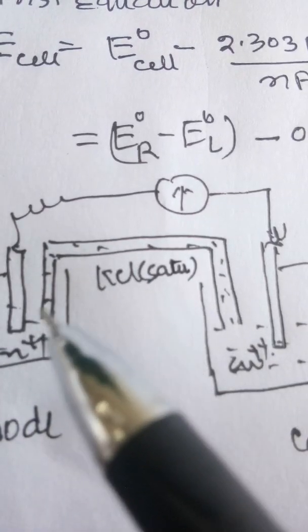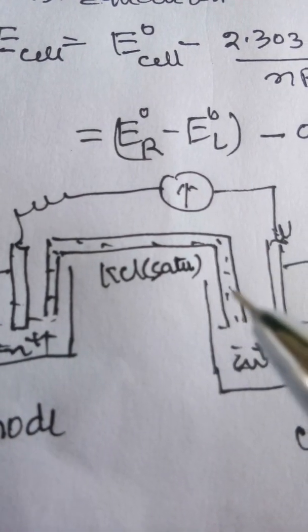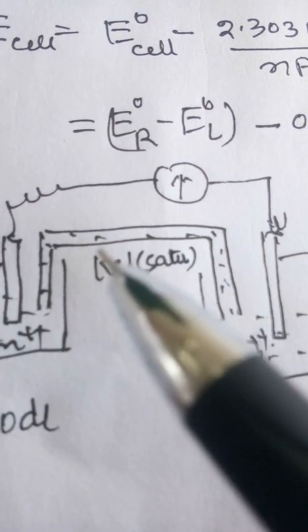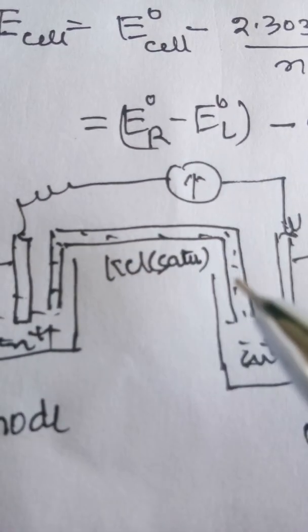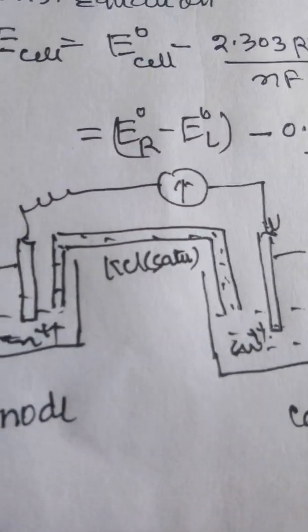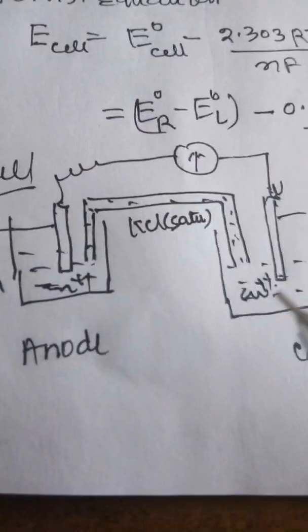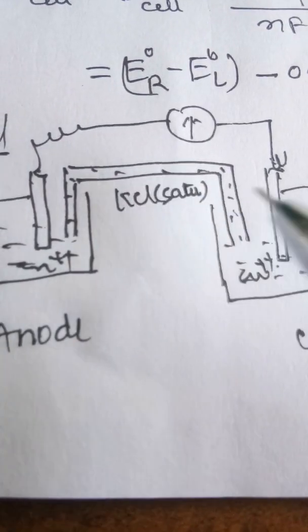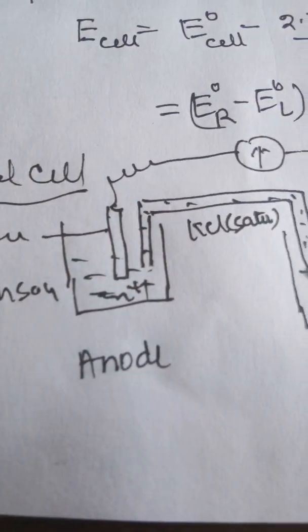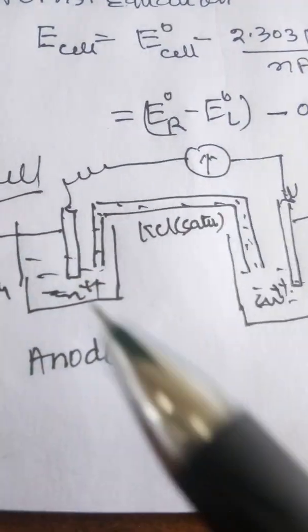First of all, we take agar solution in the cell and add potassium chloride saturated solution in this way. We shall discuss the function of the salt bridge later on. Here I simply show you the construction of a galvanic cell.